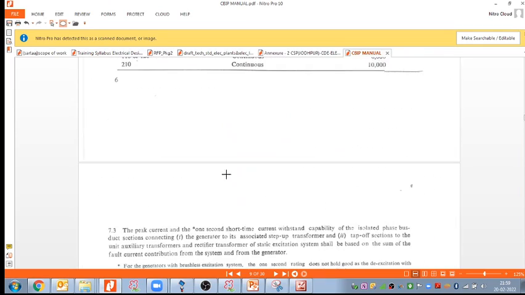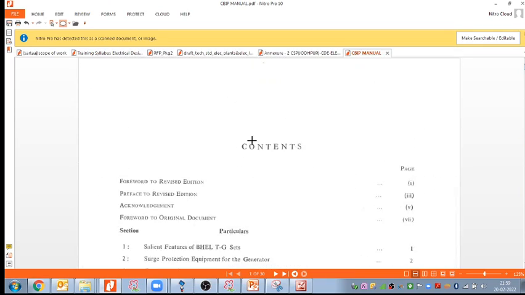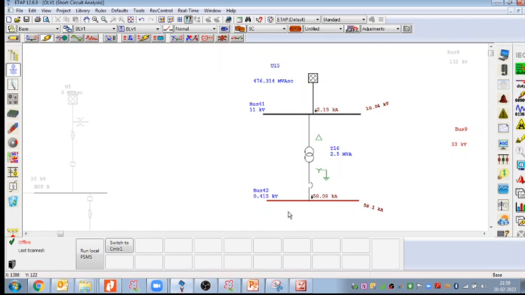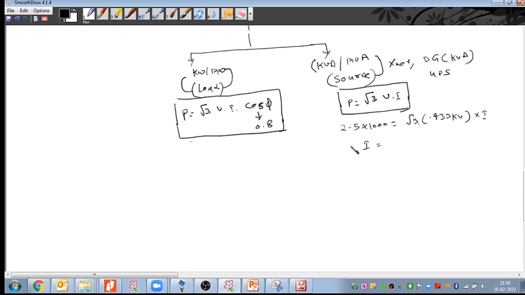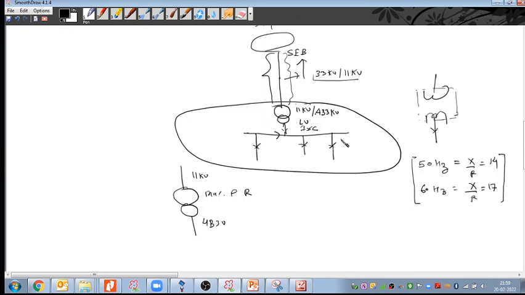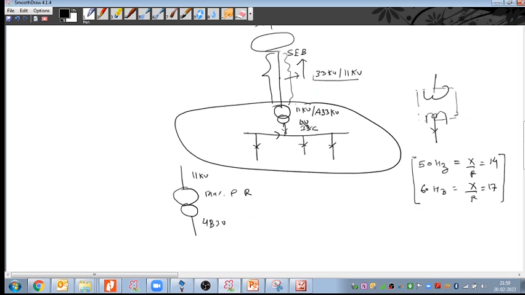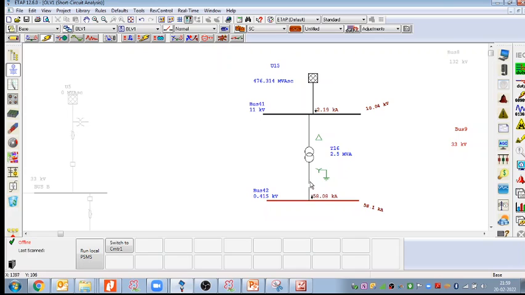As per the CBIP recommendations, they are telling this. But first of all, let me go without the standards. What should be my fault rating here? That should be 58.1 kiloampere. So this circuit breaker should be designed for this 58 kA, or we can take some margin and go with 60 kiloampere.